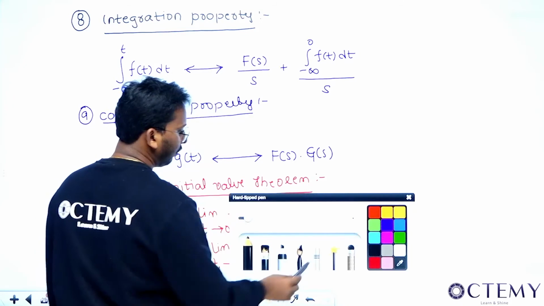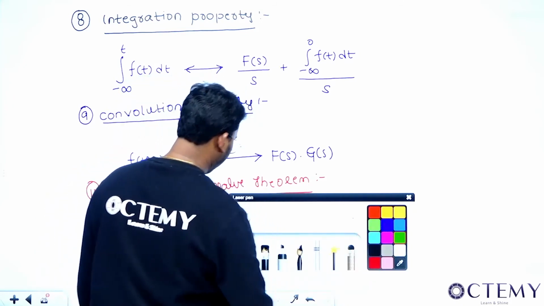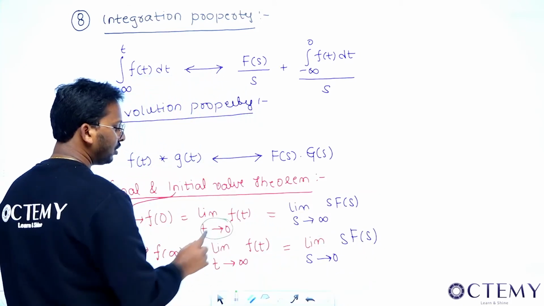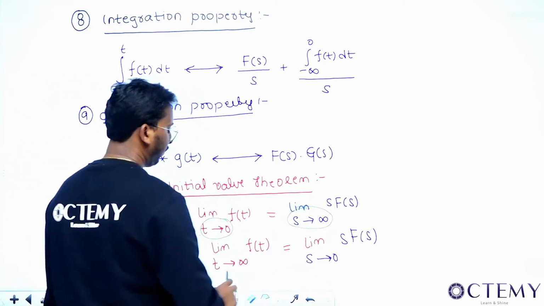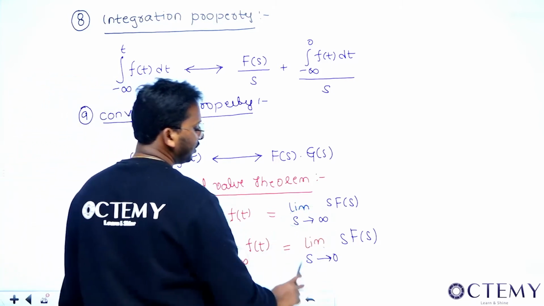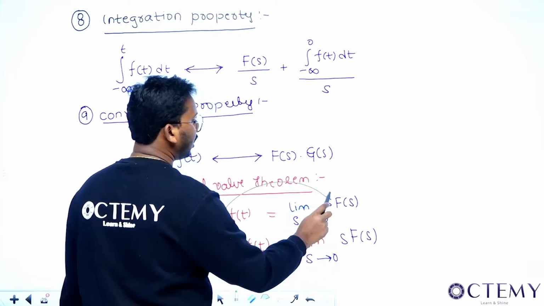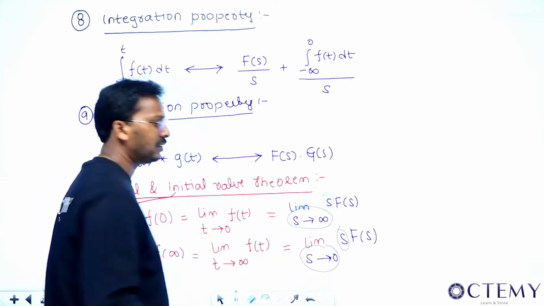What you have to remember from here is that if t tends to 0, t is time, then frequency should tend to infinity. If time is tending to infinity, frequency should tend to 0. And one extra term will come here, that is s.